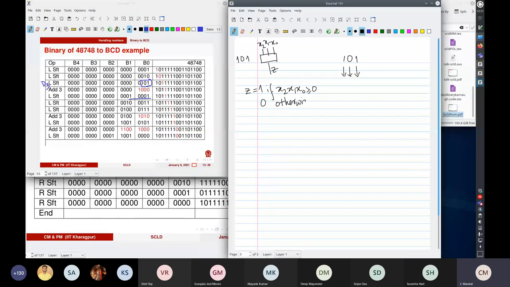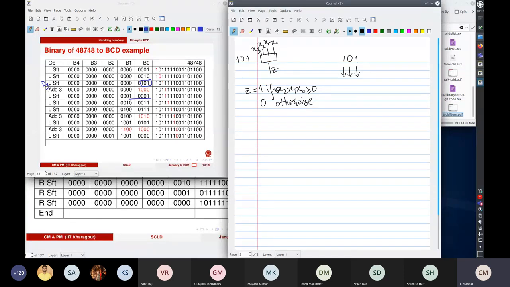Of course, you can construct this. How could you construct it? Actually, you would require not only three, but four values, so you have x3 also.